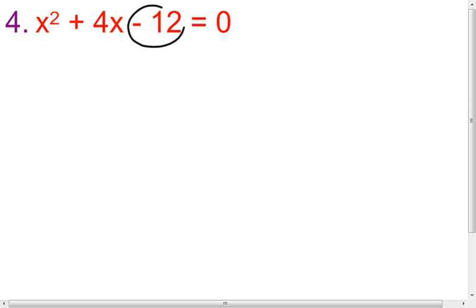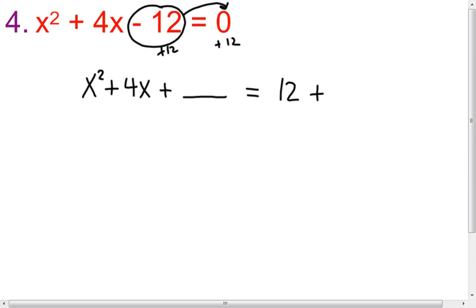So I'm going to move this to the other side, and my equation will look like this: x squared + 4x + blank equals, and when I add 12 to the other side, I will have 12 plus something in here as well. Again, my goal is to add something in this spot so that when I factor the left side, it can be factored as something squared.